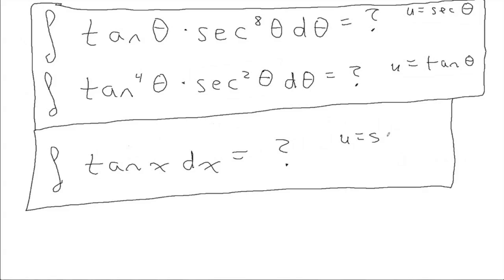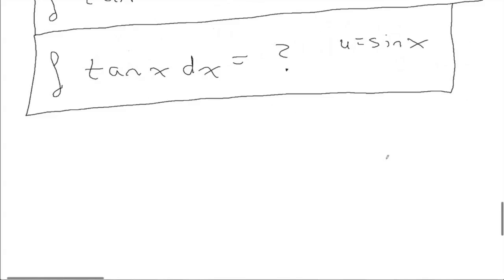When you have one tangent times a bunch of secants, you substitute u equals secant. When you have tangent and secant squared, you substitute tangent. But when you have just one tangent all by itself, you substitute in sine. So it could get pretty confusing. You can try to memorize these patterns, or you can just figure them out by trial and error each time.